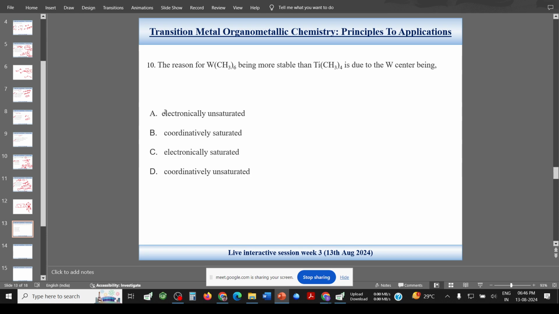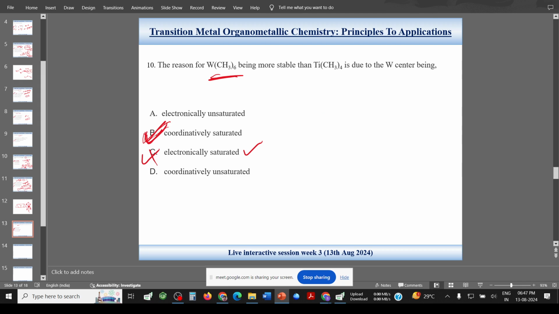Yes. Does it have only one correct answer? Look at the other options also. More than one option is correct. Electronically saturated. So the tungsten complex is electronically as well as coordinatively saturated. That's why it is stable.